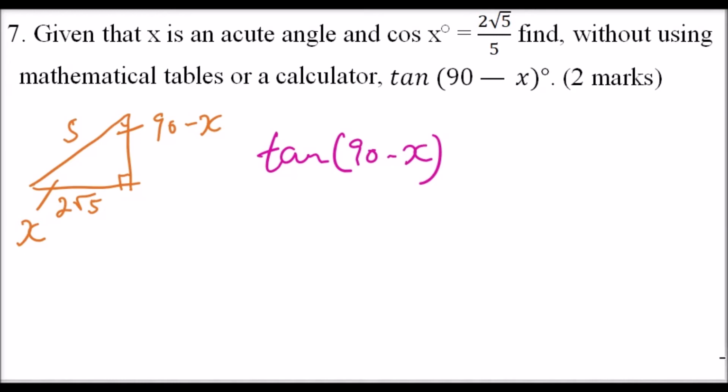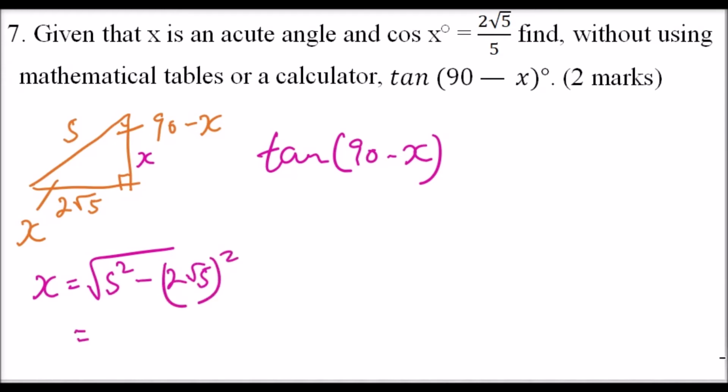So we need to look for the other side, and if we call it x, then x is equal to the square root of 5 squared minus 2 root 5 squared.